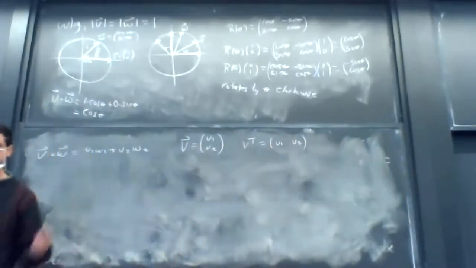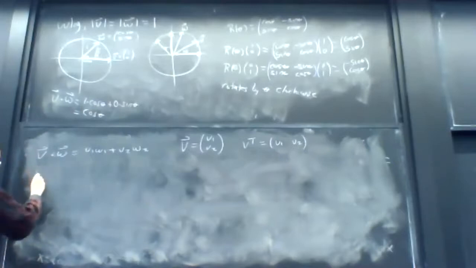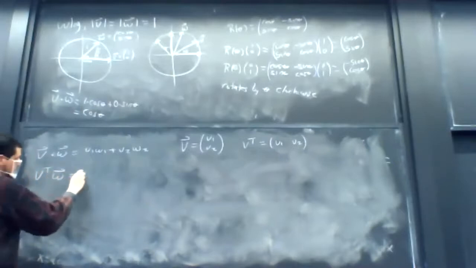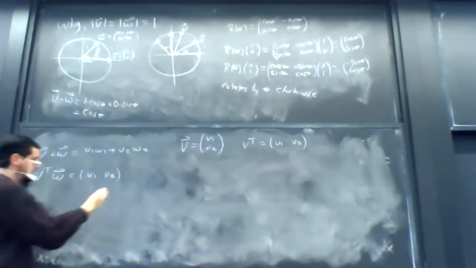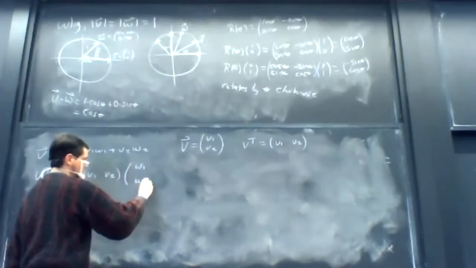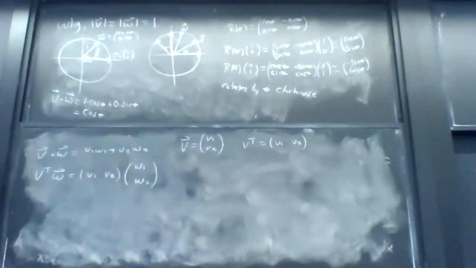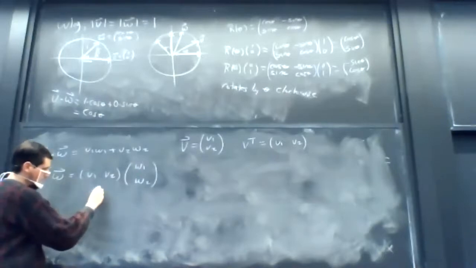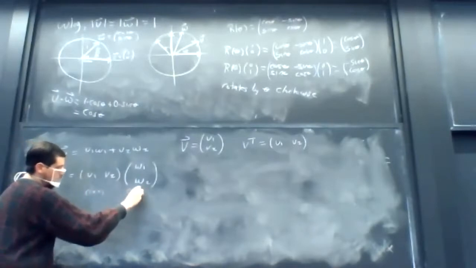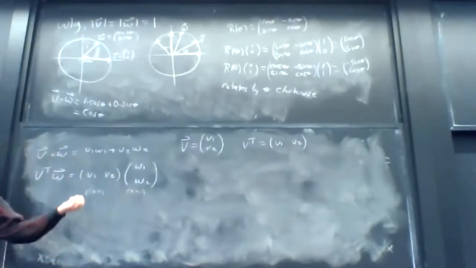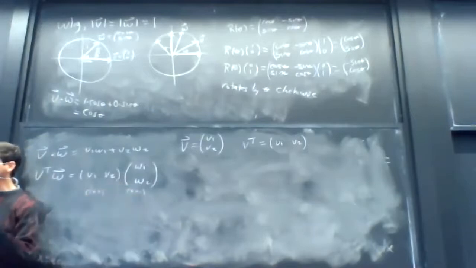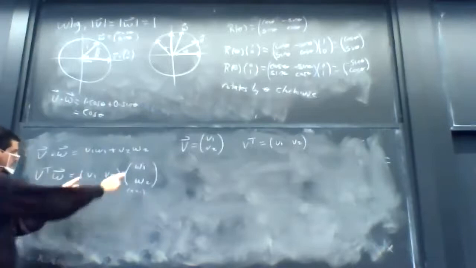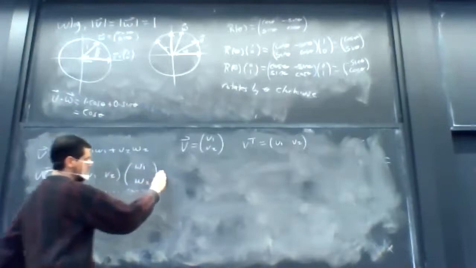I will often be careless in this class, but if we want to look at V transpose W, that's going to be V written as a row vector, and W written as a column vector. So if you think of this as matrix multiplication, this is a 1 by 2 matrix. This is a 2 by 1 matrix. We can have them combined because the last of this is the same as the first of this. And this is going to give us a 1 by 1 matrix, which is a number. V1 W1 plus V2 W2.